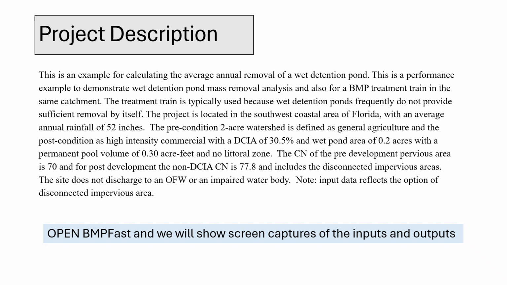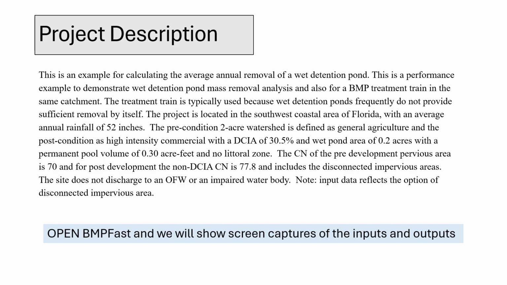An important design note here is that this initial design features no littoral zone, which essentially means it has near vertical sidewalls. For the post-development conditions, the non-DCIA curve number is 77.8. This number is higher than the pre-development pervious curve number because it accounts for disconnected impervious areas, meaning some impervious surfaces are designed to discharge to pervious surfaces before reaching the pond.